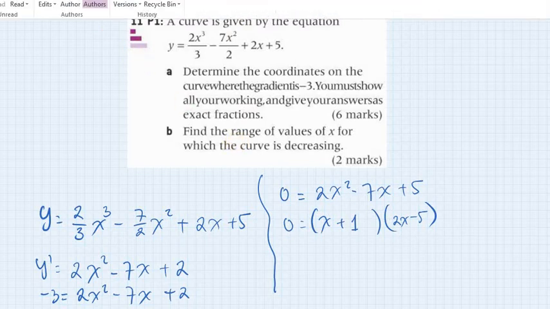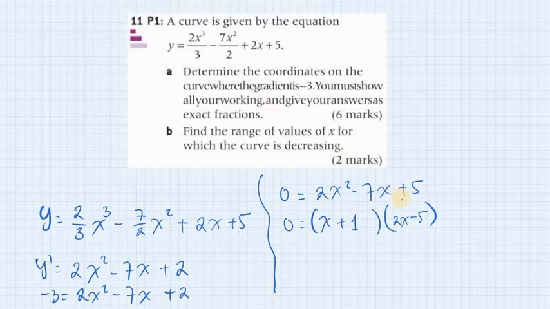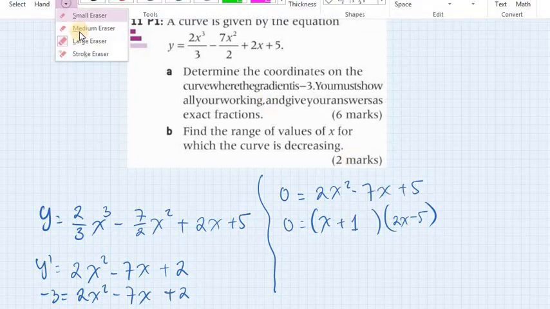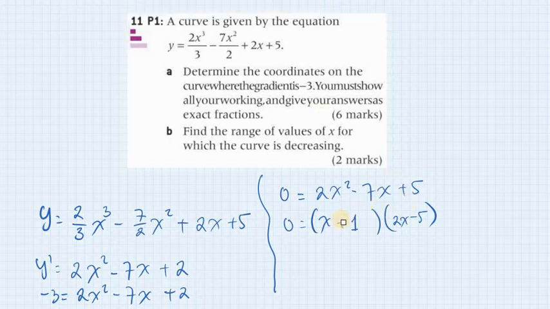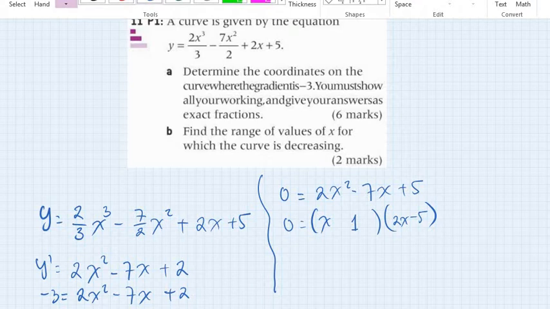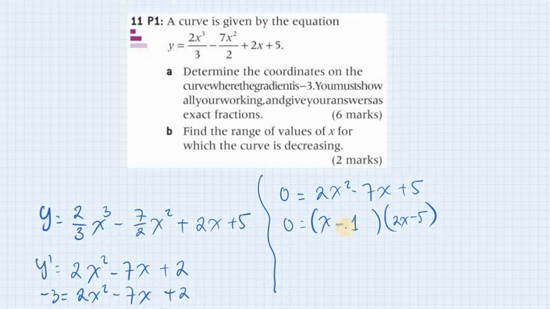This one should be -1, -1, -7. Okay, 2, yeah, correct.